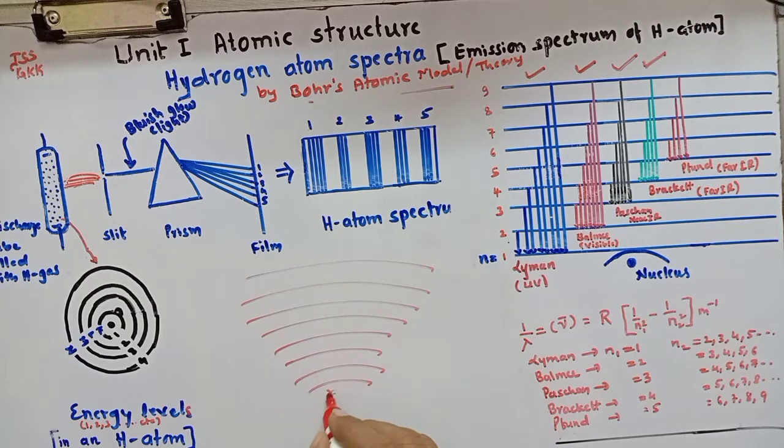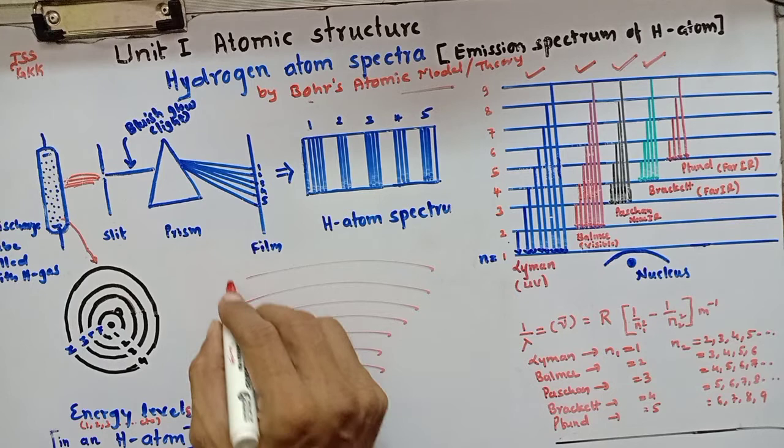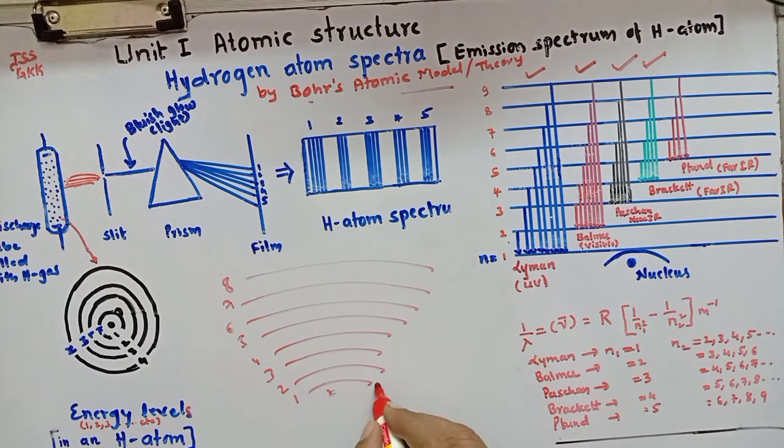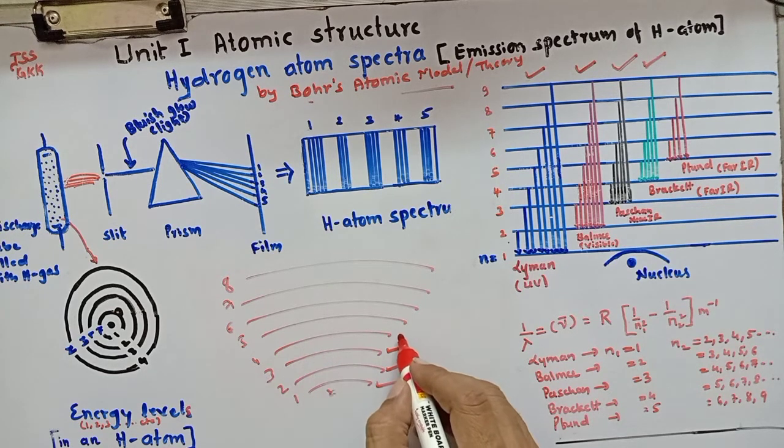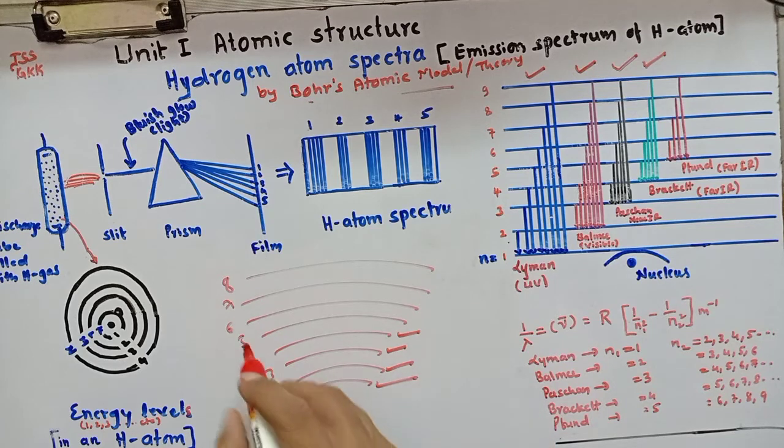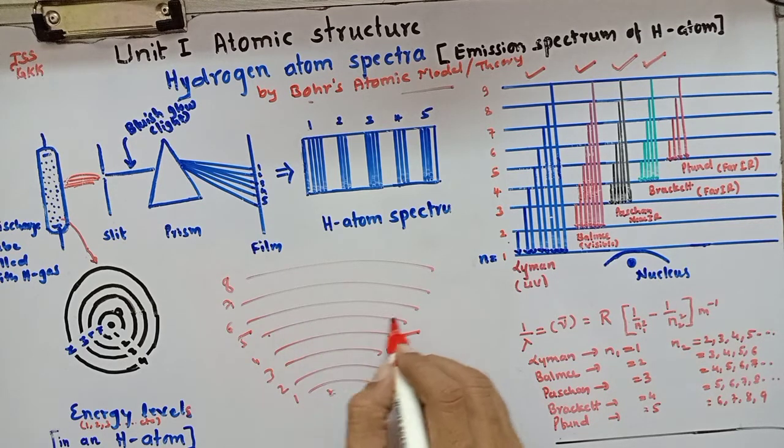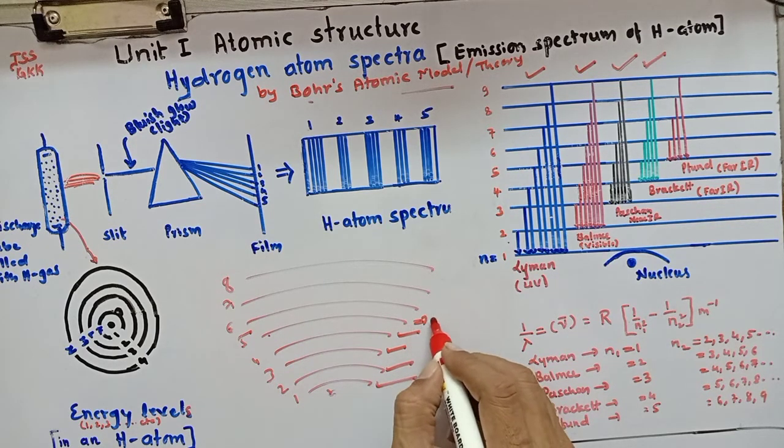In the hydrogen atom, there are energy levels 1, 2, 3, 4, 5, 6, 7, 8 and so on. The first energy level is the lowest energy level for the Lyman series. The second energy level represents the Balmer series. The third energy level becomes the lowest energy level for the Paschen series, the fourth energy level for the Brackett series, and similarly the fifth energy level for the Pfund series.